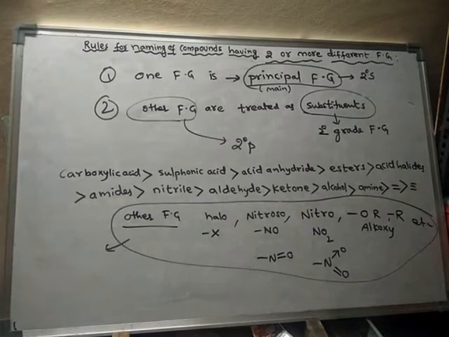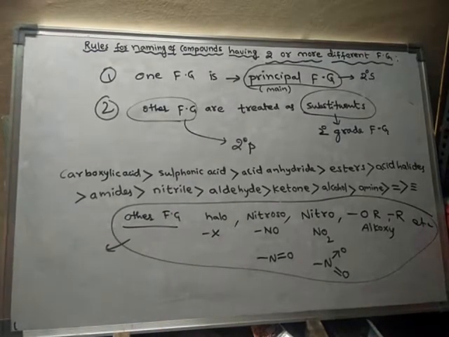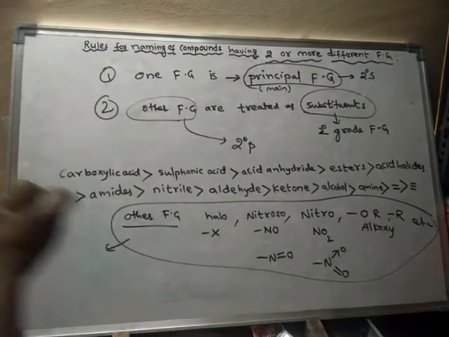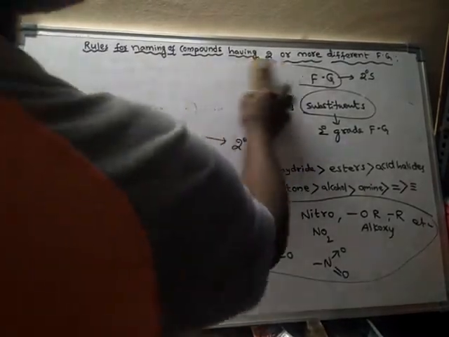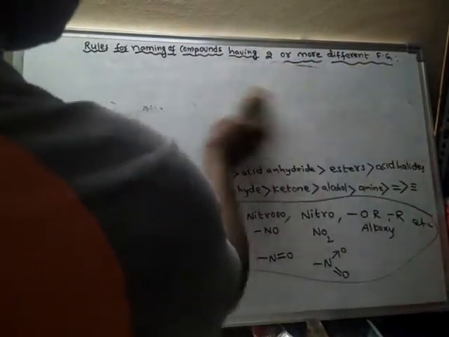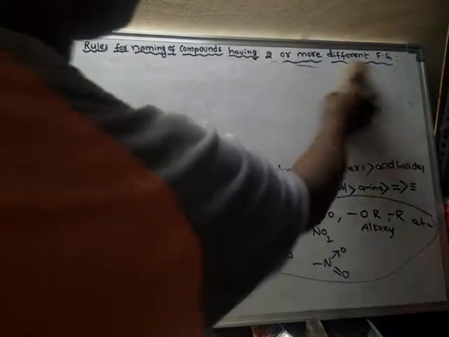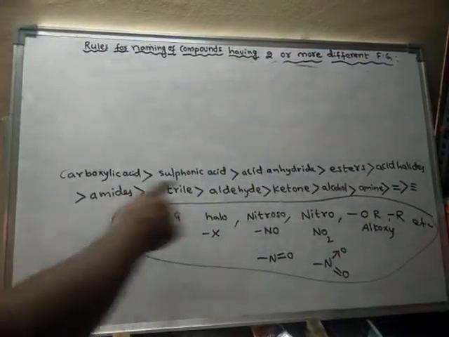Okay, so if you learn these things with examples only, then we can easily understand. Otherwise we cannot understand easily. Okay, right. So to learn some examples, see, actually I will give you this order.